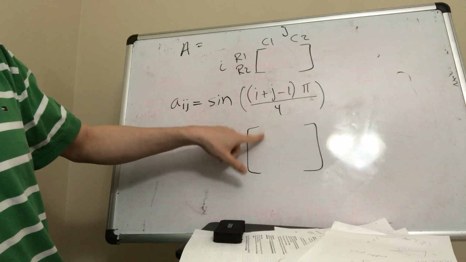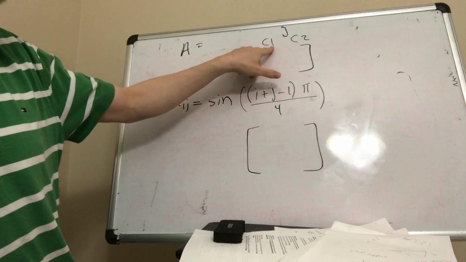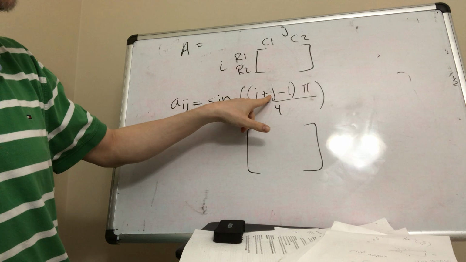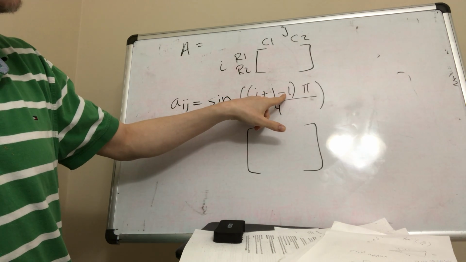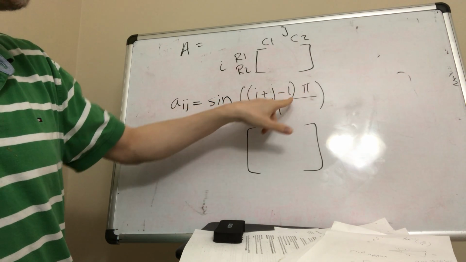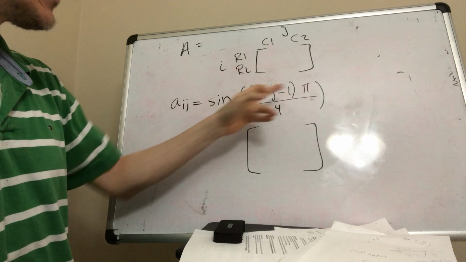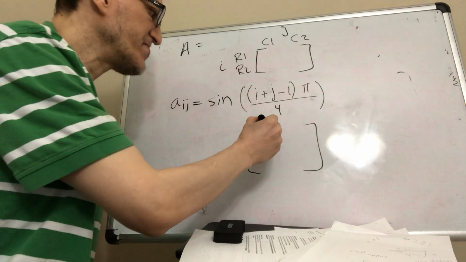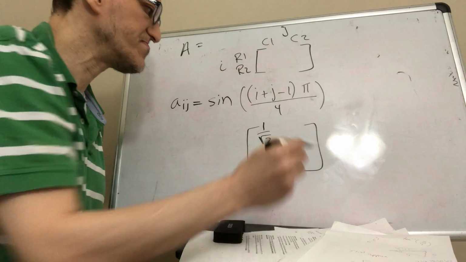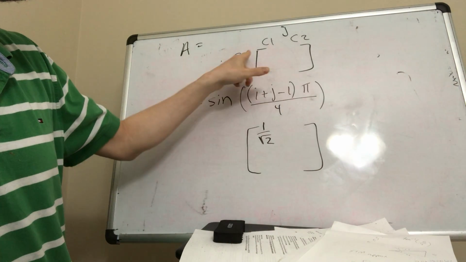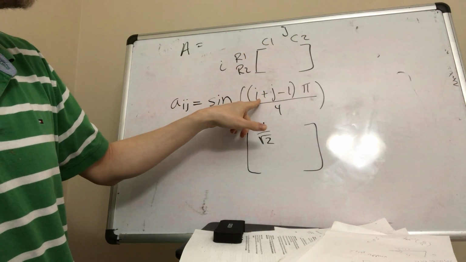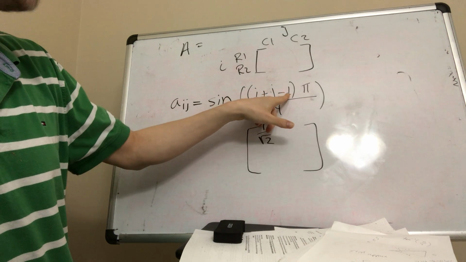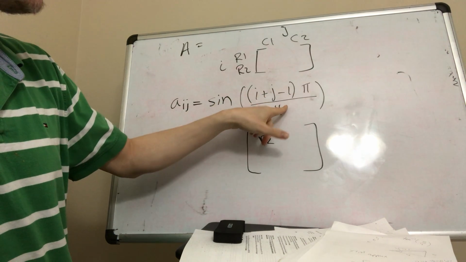So for the first one, I is 1, j is 1. So 1 plus 1, 2, minus 1, 1. So that's 1 pi over 4, pi over 4. And the sine of pi over 4 is 1 over root 2. This one is 1, 2. 1 plus 2 is 3, minus 1 is 2. So 2 pi over 4.